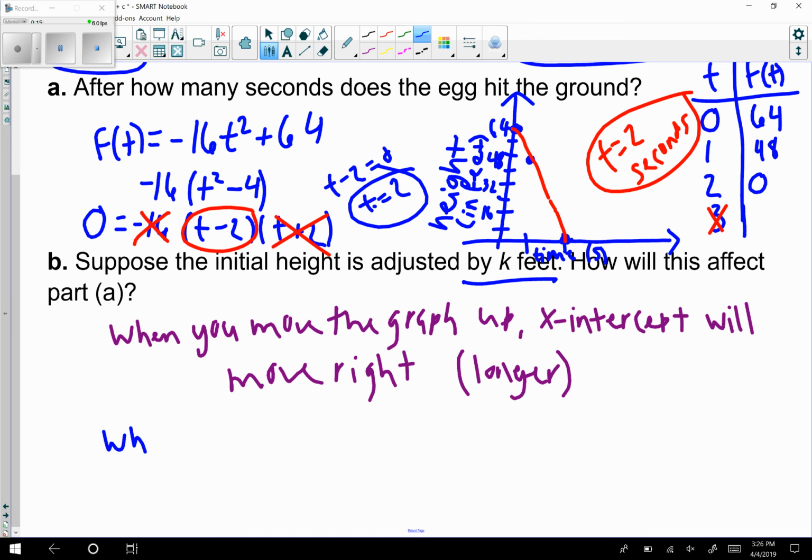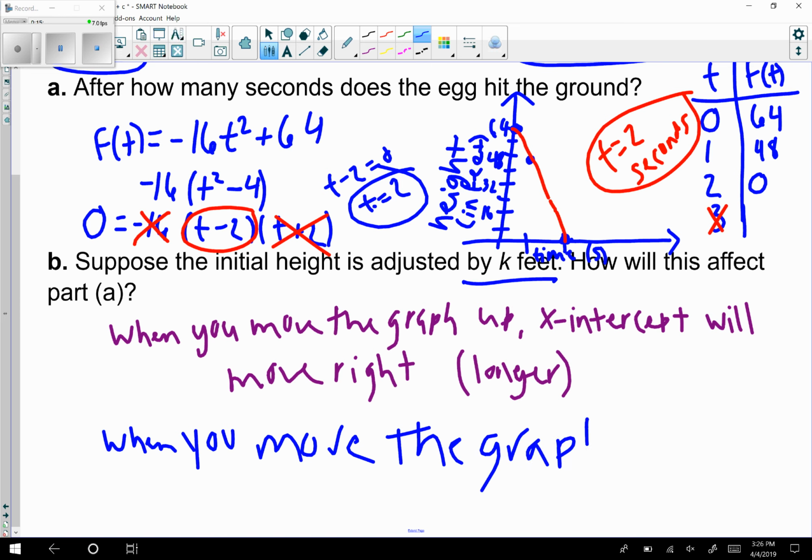So when you move the graph down, okay, so we're taking this and we're moving it down, then the x-intercept will move.